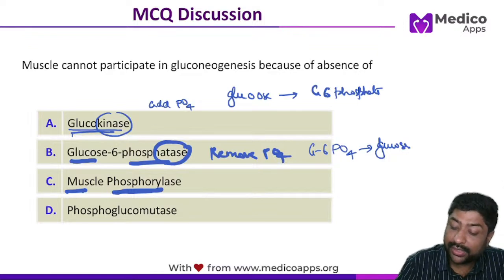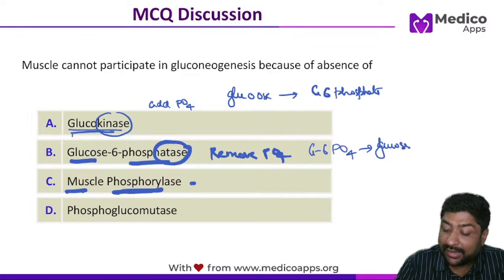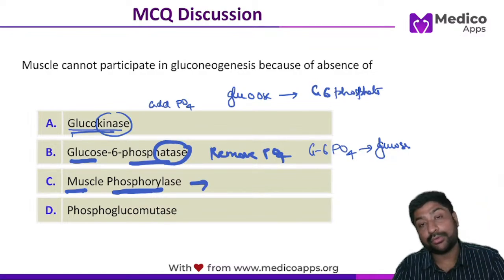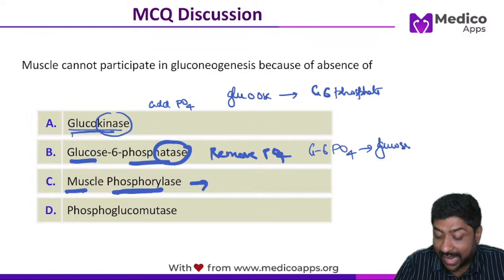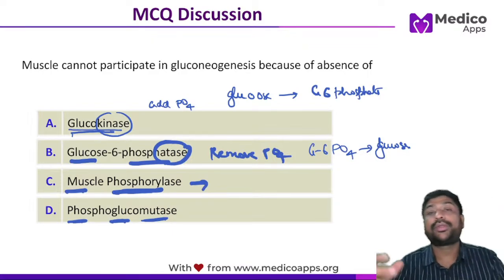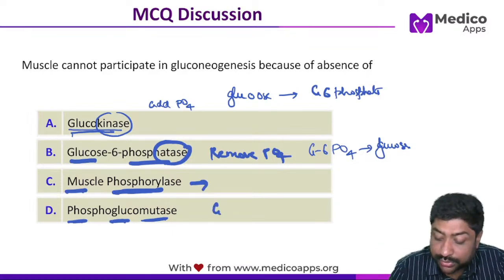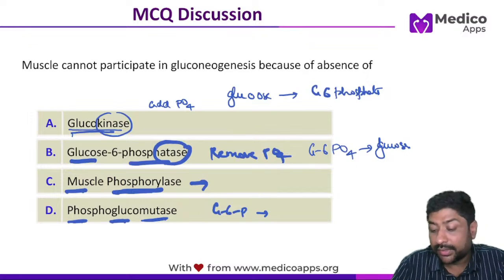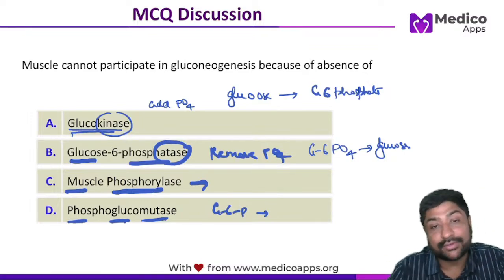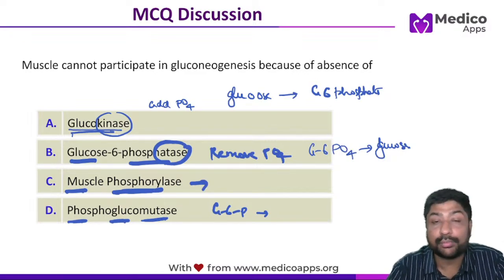It will cut the glycogen molecules in the muscle. And phosphoglucomutase: mutase means isomerization. So phosphoglucomutase will convert glucose 6 phosphate into glucose 1 phosphate, or vice versa. That is the function of phosphoglucomutase.